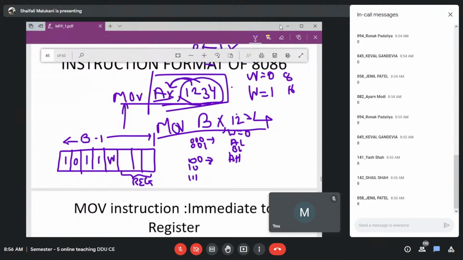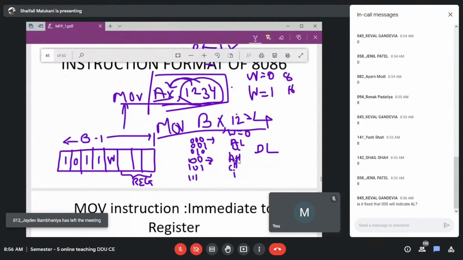Sorry, it is a little bit different. 001 indicates CL, and 101 indicates CH. Then DL for 010 and then DH. Yes, it is fixed.